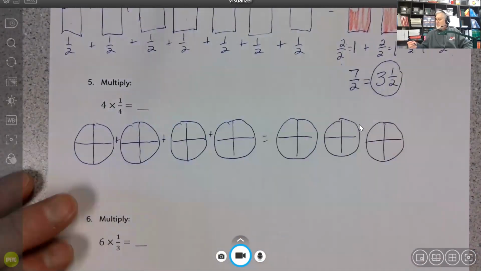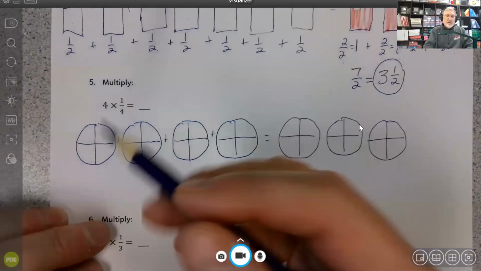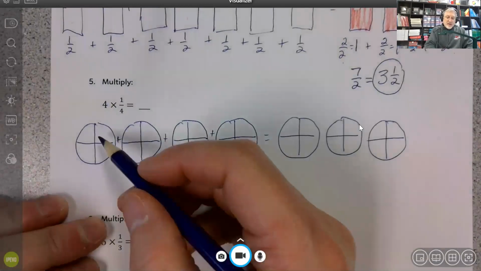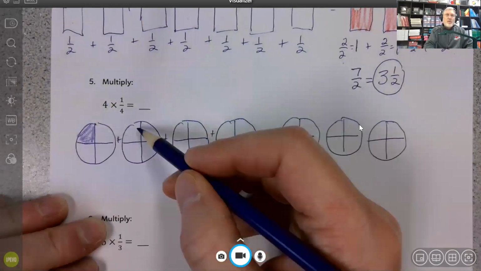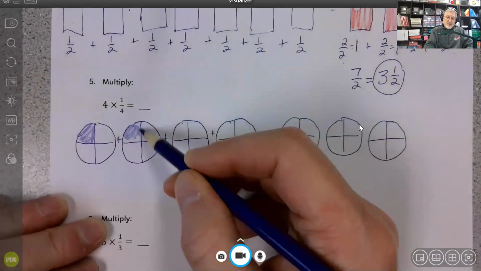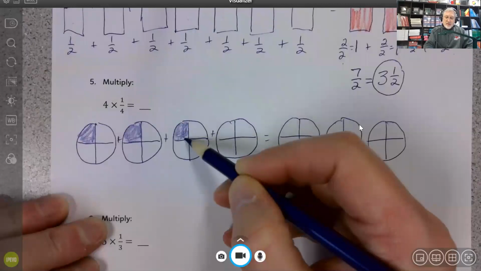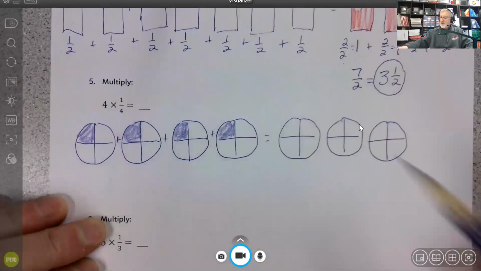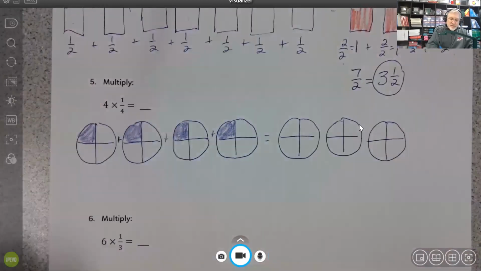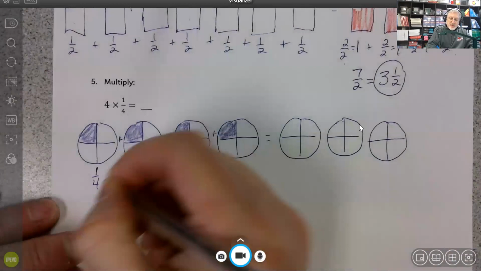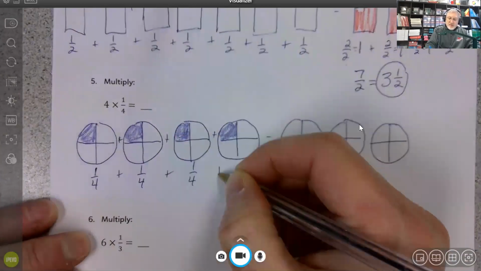All right, now I'm going to do my favorite color, which is purple. So I want to do 1/4, 1/4, 1/4, and 1/4. Okay. So 1/4 plus 1/4 plus 1/4 plus 1/4.